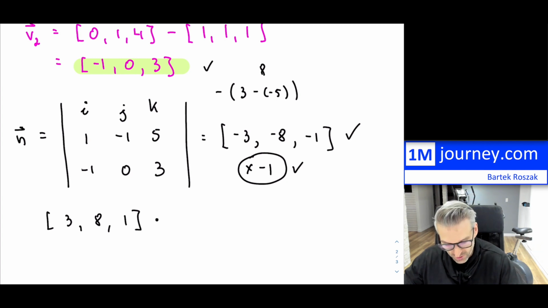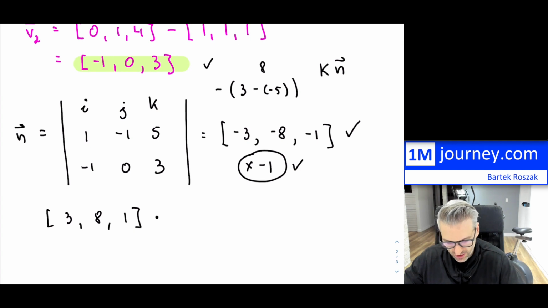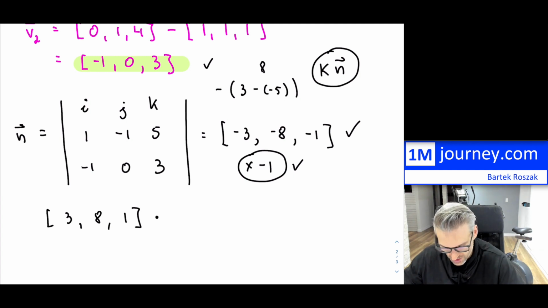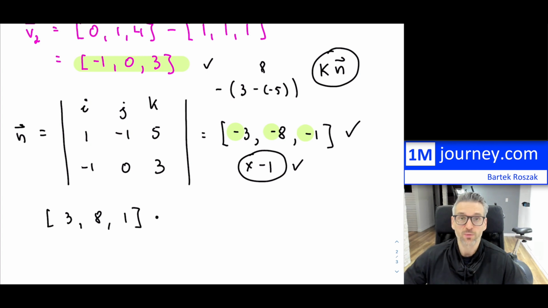So if you take a normal and multiply it by some scalar k, as long as it's not 0, then you still get your normal. It's just scaled, remember? So if you want to make your normal a unit vector, you can do that if you wanted to. If you don't want to have the negatives, which I don't, I just multiplied it by -1, and I have a normal.